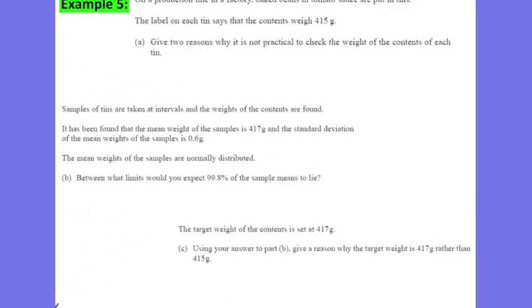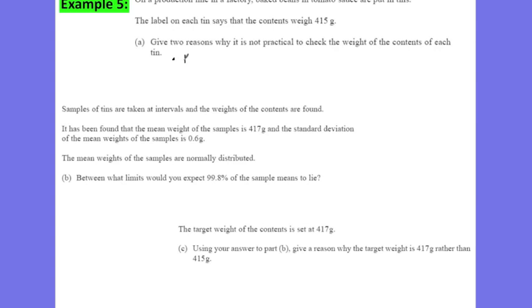Example number 5. We're told that on a production line in a factory, baked beans and tomato sauce are put in tins. The label on each tin says that the contents weigh 415 grams. Give 2 reasons why it's not practical to check the weight of the contents of each tin. Why?